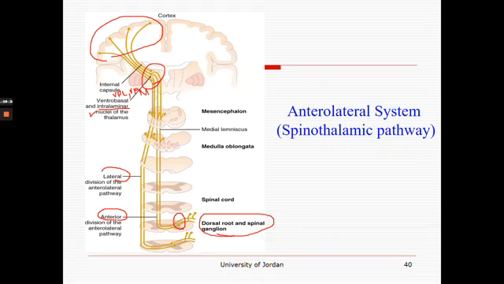These are the tactile sensation. When we talk about pain, we will talk more in detail about its pathway.